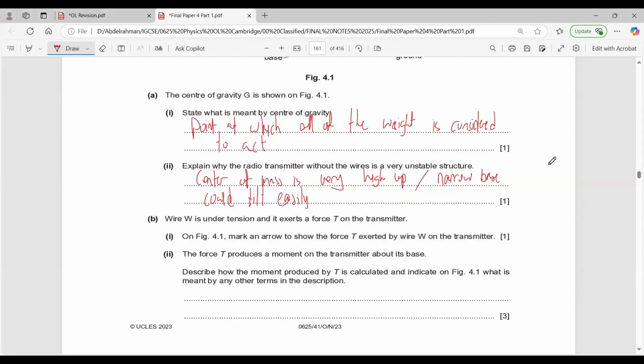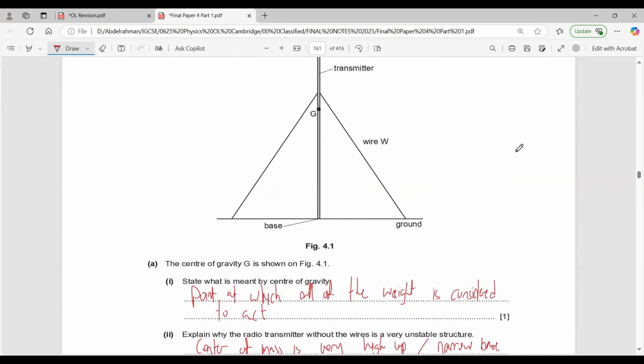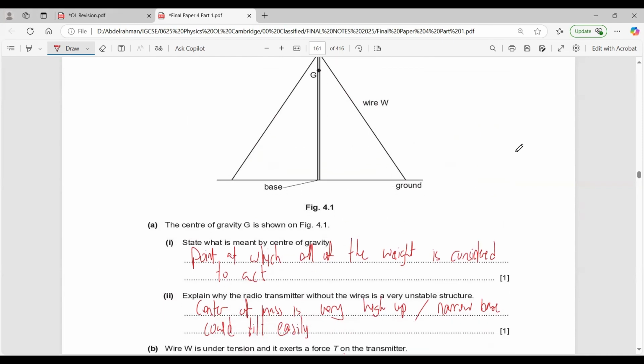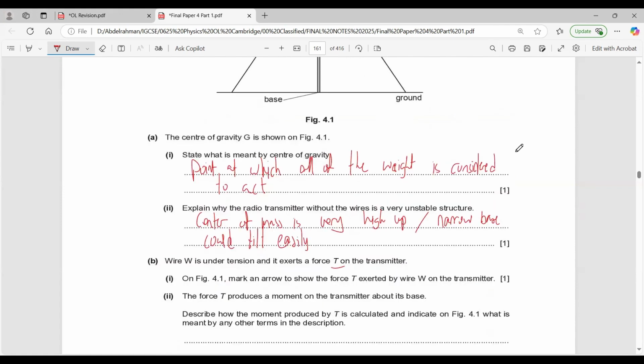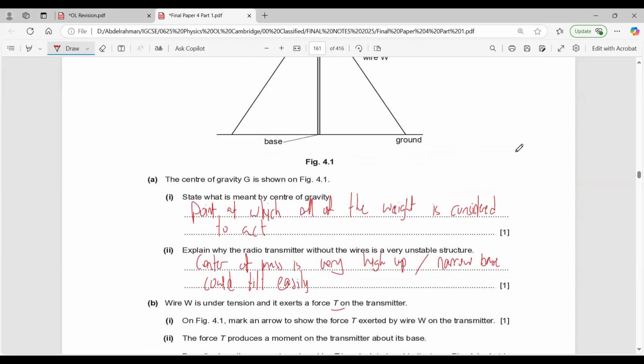Wire W is under tension and exerts a force T on the transmitter. This wire is exerting a force, which we will call T, tension. On figure 4.1, mark an arrow to show the force T exerted by the wire on the transmitter.